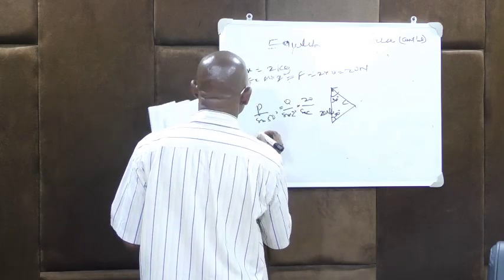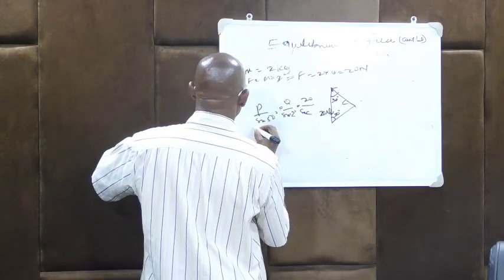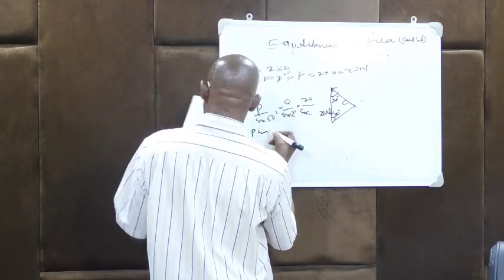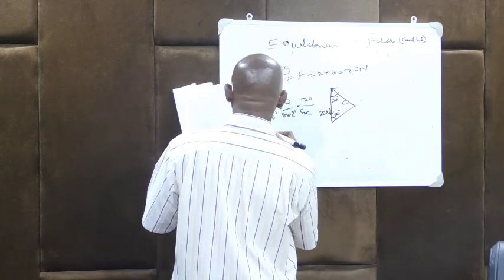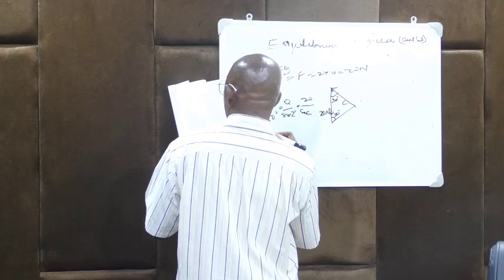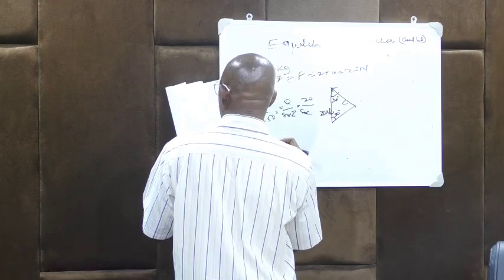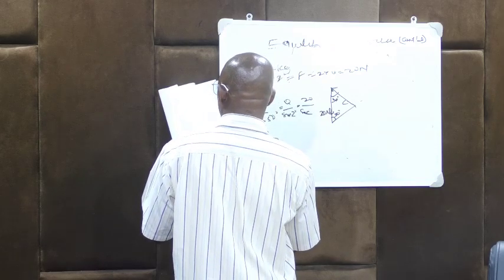Take one of them. P over sine 50. From here, make P the subject of the formula.